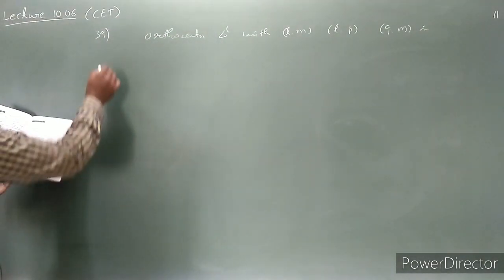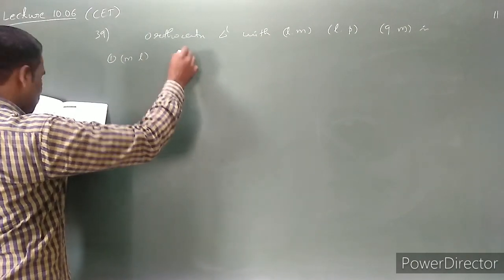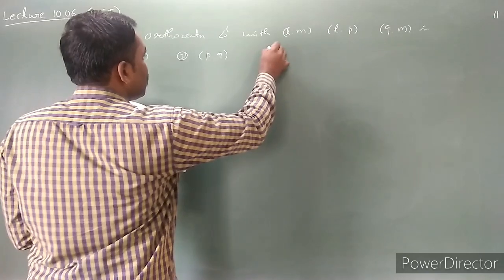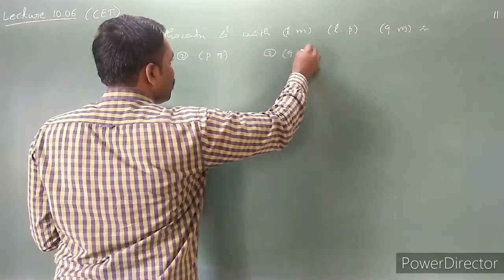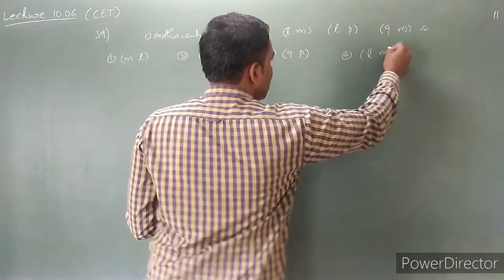So what is that? First option is (M, N, L). Second one is (P, Q). Third one is (Q, P), and fourth one is (L, M).